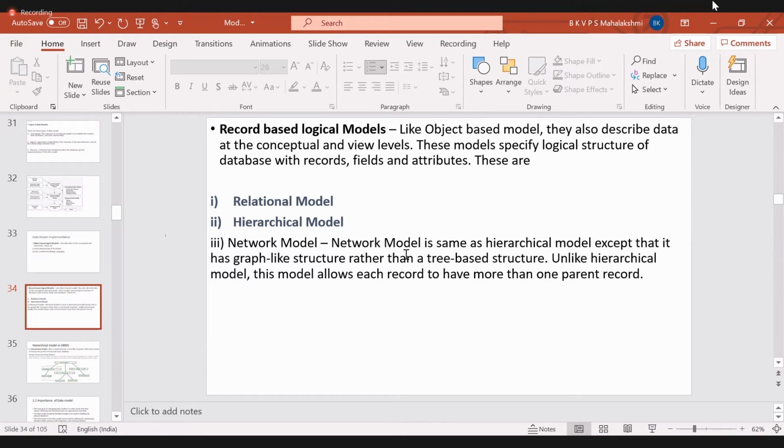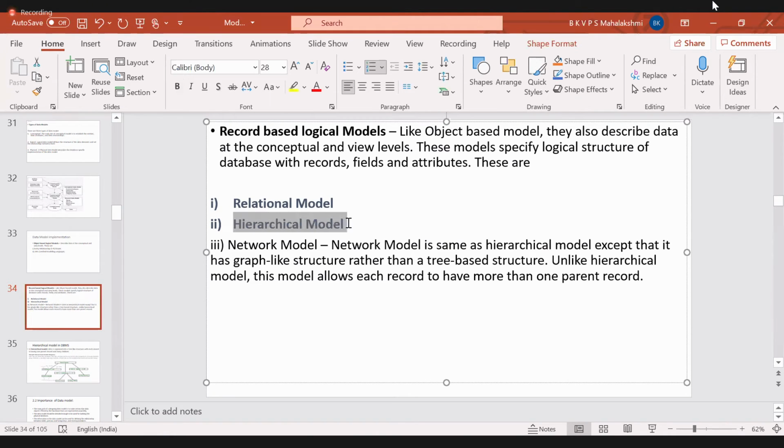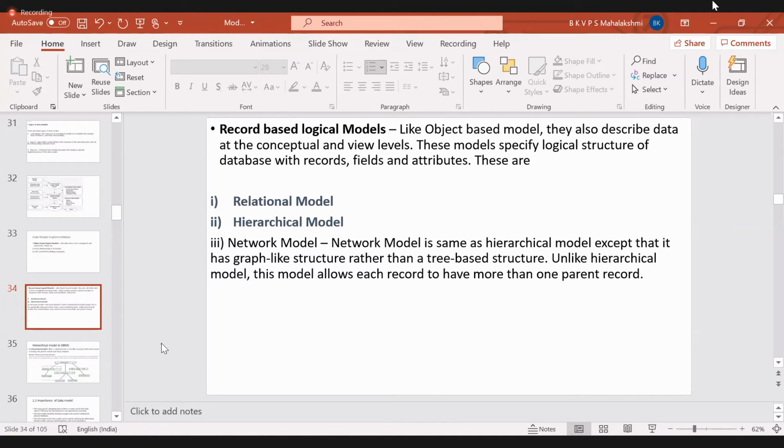in this network model, each and every node can be connected to many parent nodes. But coming to the hierarchical model, it follows some hierarchy levels. If there is one root node, then all the child nodes have only one parent node. But in the graph-like structure, we cannot say that it should follow this hierarchy level. No, not like that. So even one particular record can have more than one parent record. This is the network model.